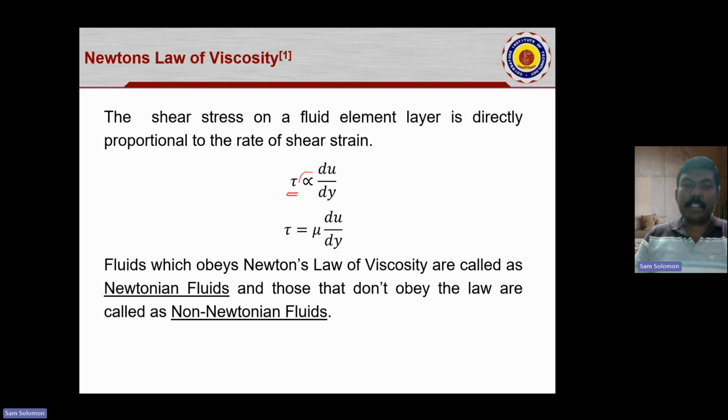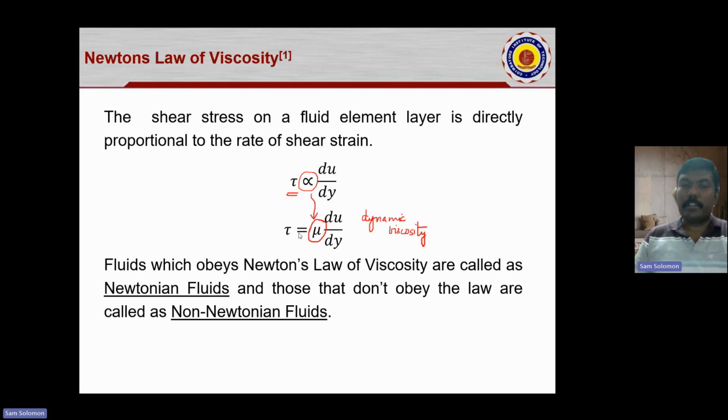To replace this proportionality, we have introduced the proportionality constant mu, which is called your dynamic viscosity. And so your tau is mu times du by dy.